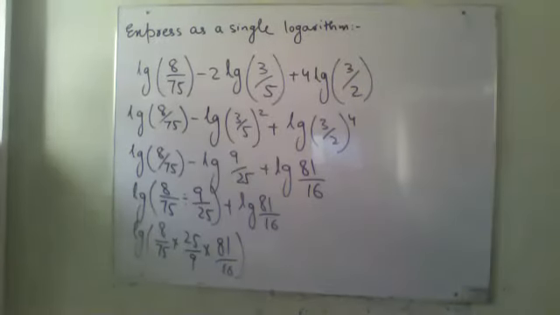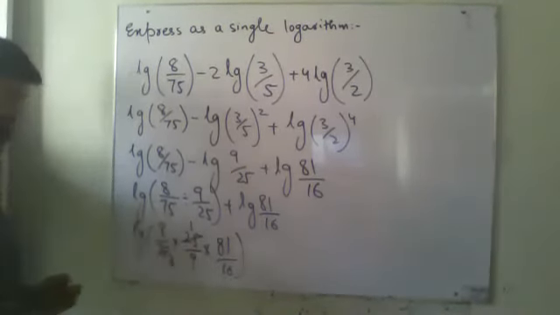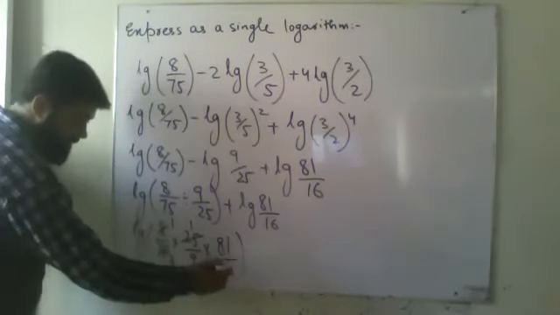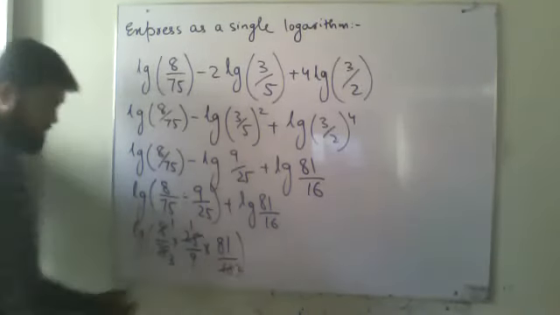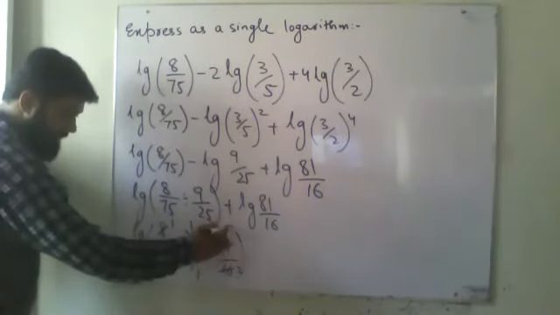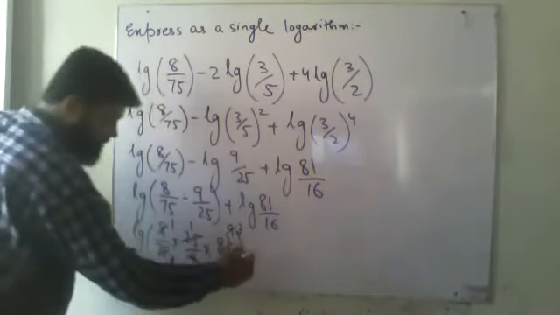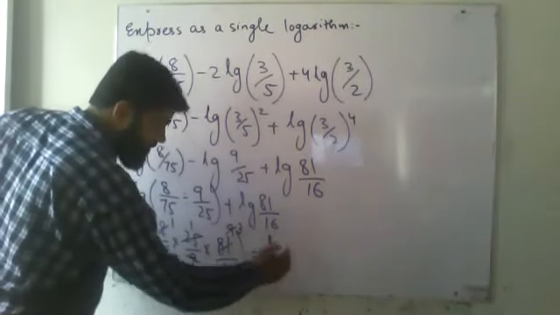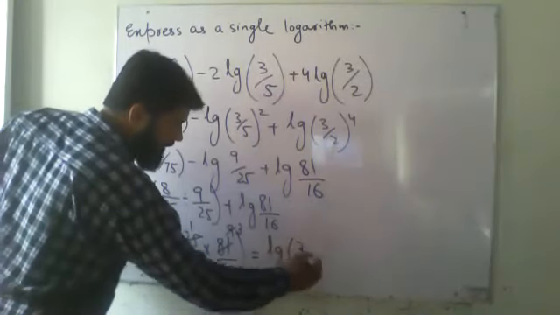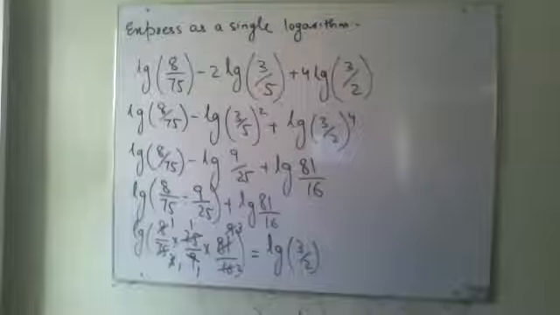Okay, now cancellation. 25 1, 25 3, 8 1, 8 2, 9 1, 9 9, 3 1, 3 3. So my final answer will be log 3/2, and that's your final answer in this question.